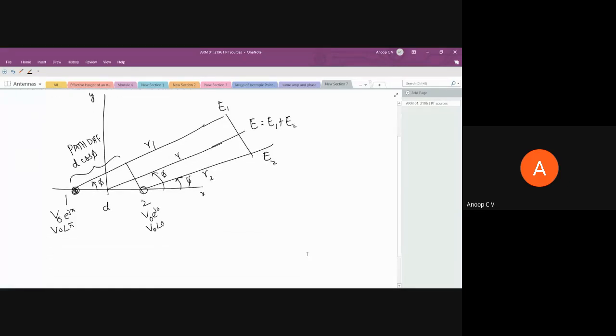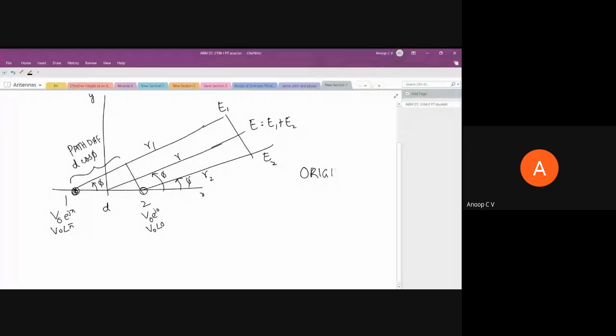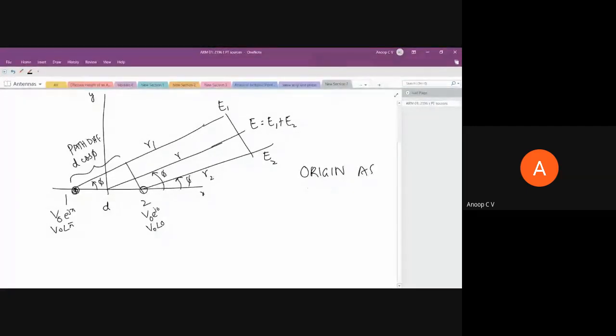In this case again, we are assuming the origin as phase reference.